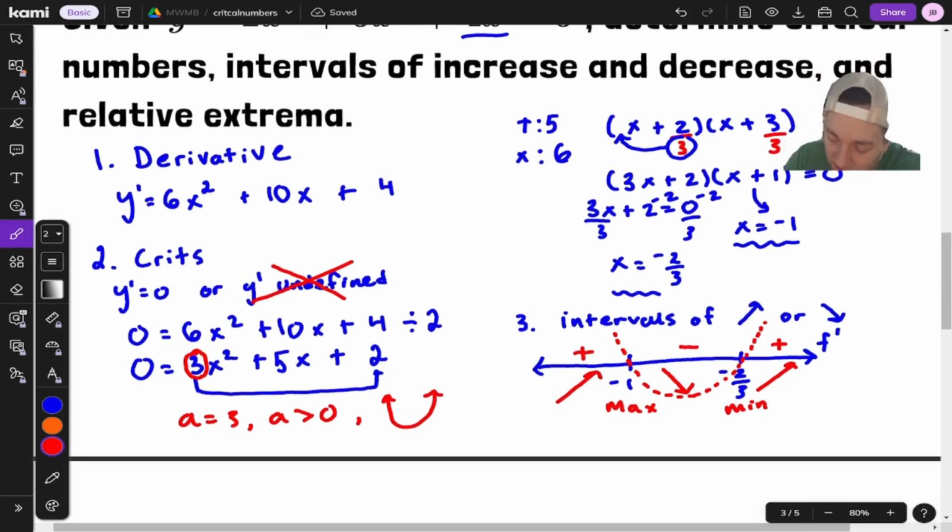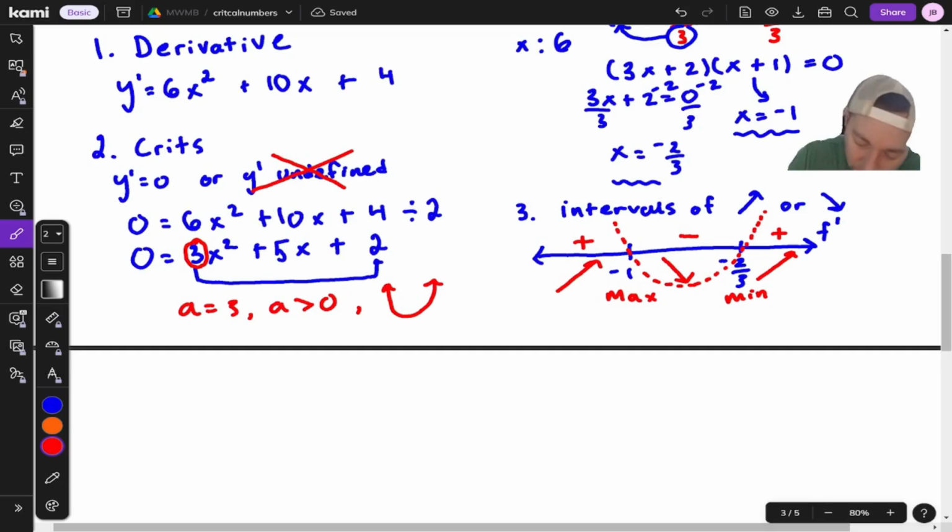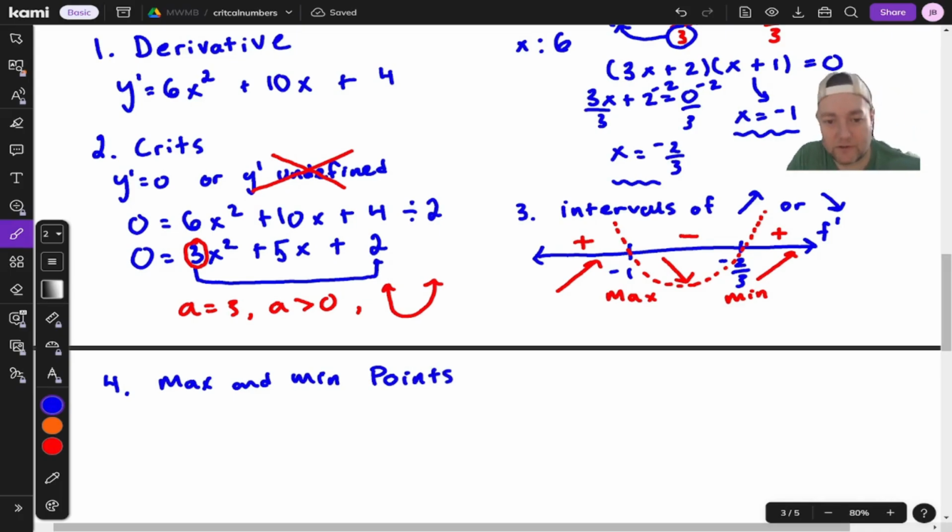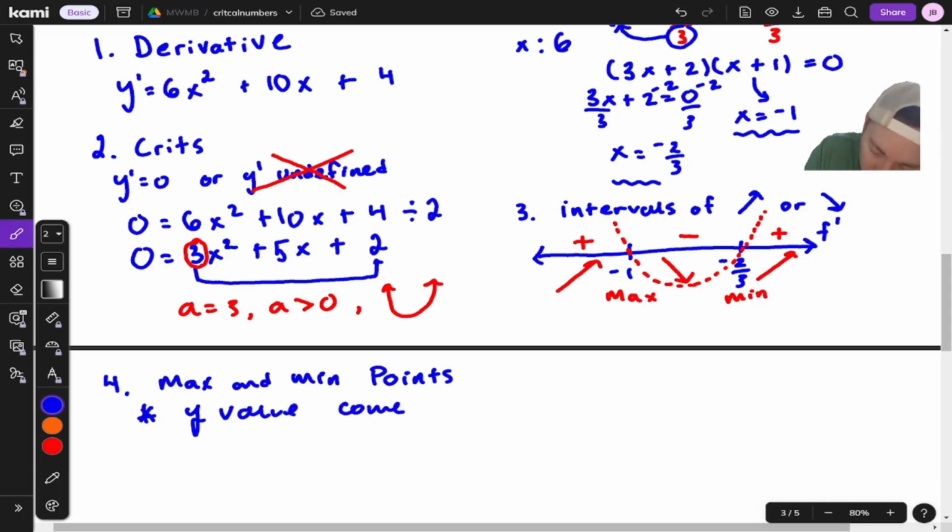Now the last thing that we want to do is write out, so step 4, our actual max and min points. All right, so the y values essentially. One thing I want to make a really important note of is that y values come from the original.